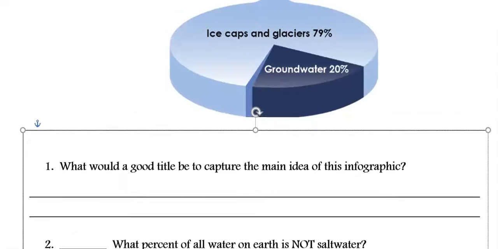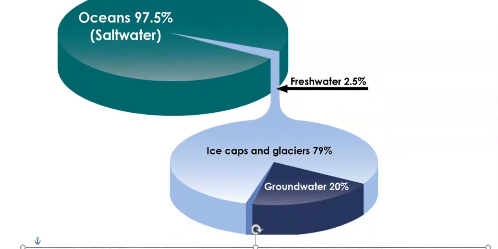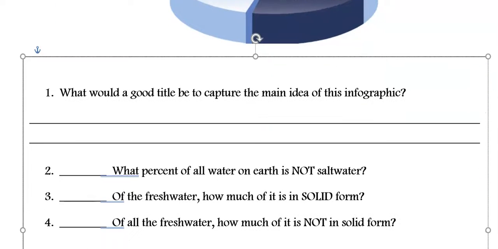So, given what we see on the graph, the fact that we begin by focusing on where all water on Earth is, and then we focus on where just fresh water on Earth is, that should give you a good idea of what you would want to name this infographic.